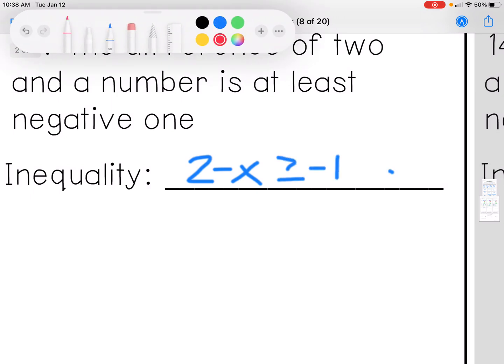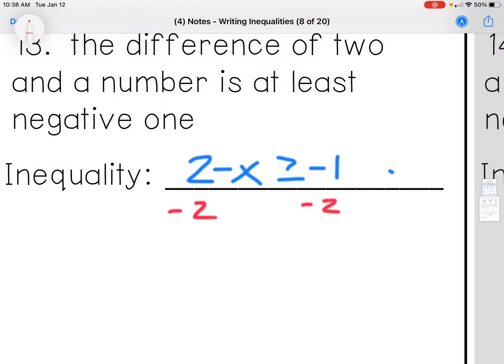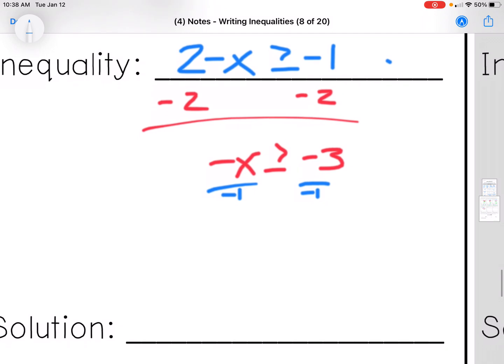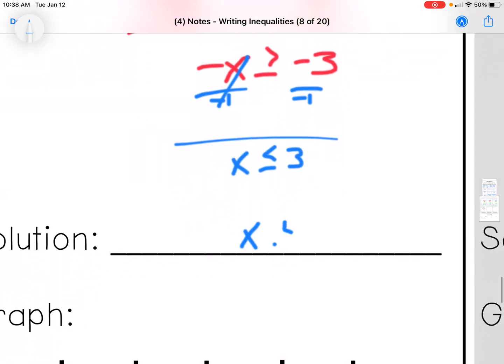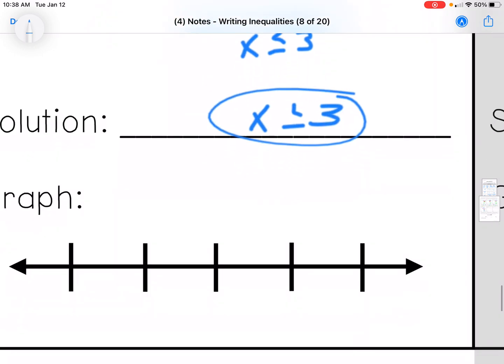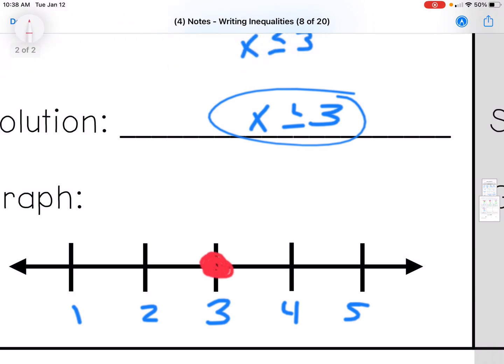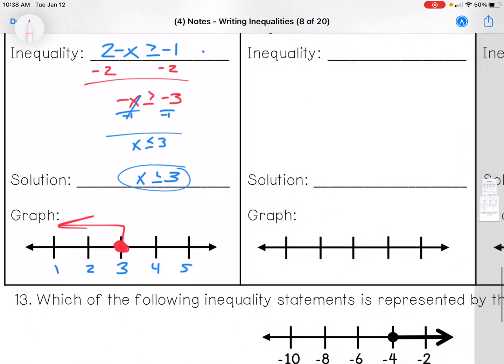So let's go ahead, subtract 2 from both sides, negative x, divide by -1, and you're going to get x, alert, flip the sign because I divided both sides by -1. X is less than or equal to 3. Go down here, 3, 4, 5, 2, 1. It's going to be a closed dot on 3. It is less than, goes to the left.